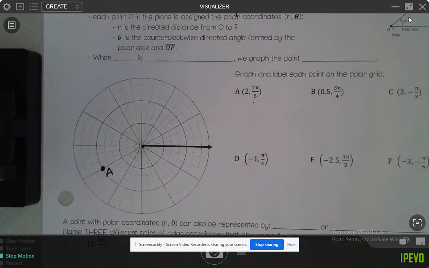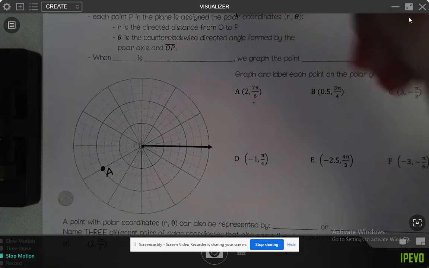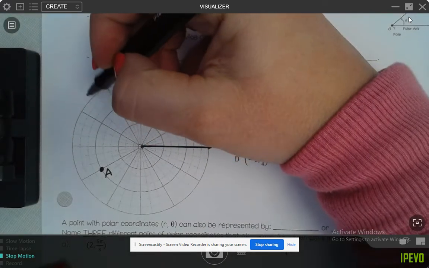Point B: (0.5, 3 pi over 4). What quadrant is 3 pi over 4 in? It's in the second quadrant, right? 3 pi over 4 is halfway in between 2 pi over 3 and 5 pi over 6. So that's going to be right around here.